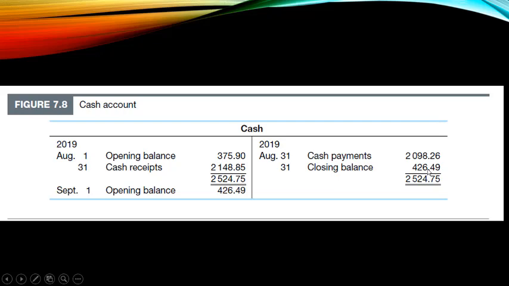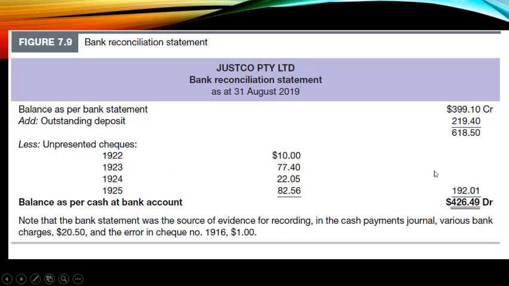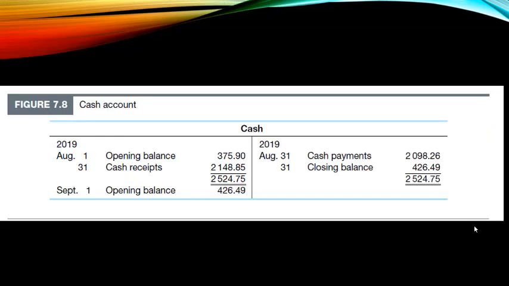The closing balance is $426.49. When you perform the bank reconciliation for August, we have the bank statement balance of $399.10, the outstanding deposit which we saw in the cash receipts journal, and the unpresented checks which we also determine in the cash payment journal. So the balance as per cash at bank account will be $426.49, which is the same as the ledger.